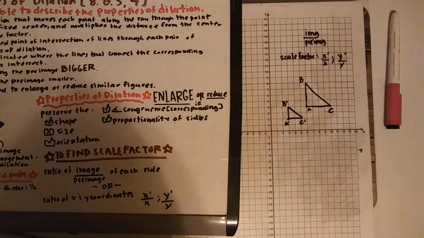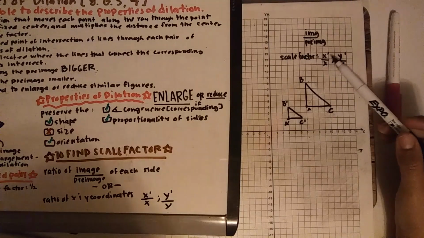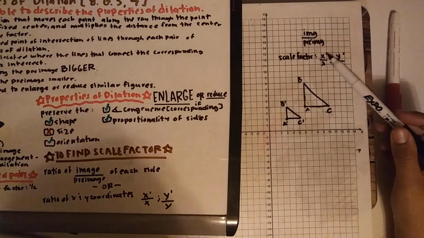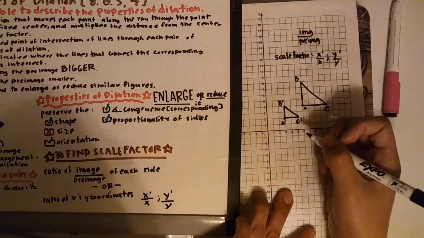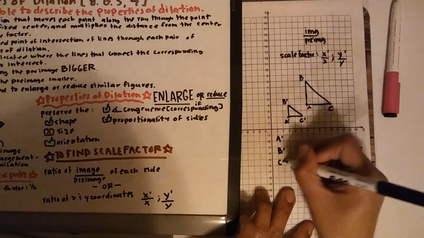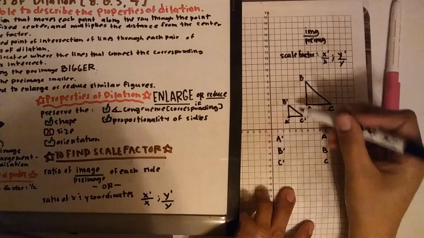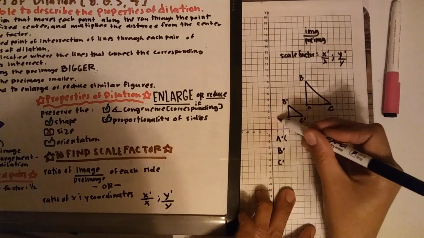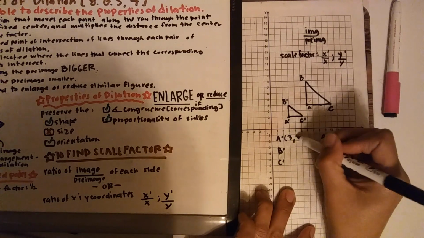Okay, so this one right here, the other way to find the scale factor is by using the coordinates, the x and the y. So use the same one that you did here. What I'm going to do is take my A prime, B prime, and C prime coordinates, and I'll do my A, B, and C over here. So in this case, that's 3, 2.